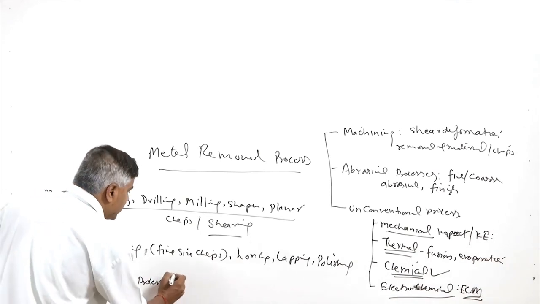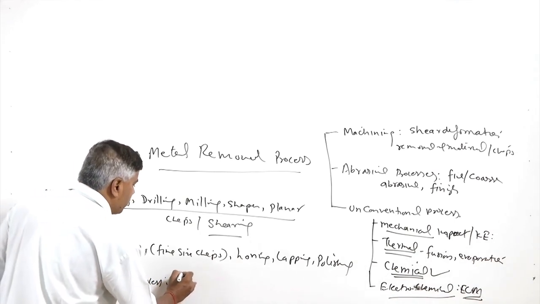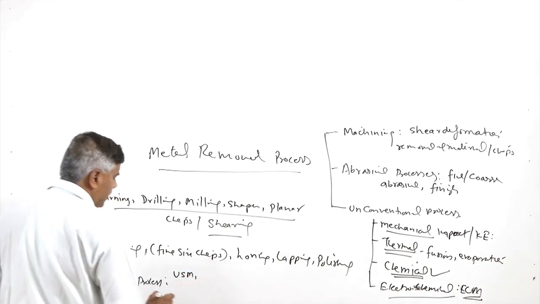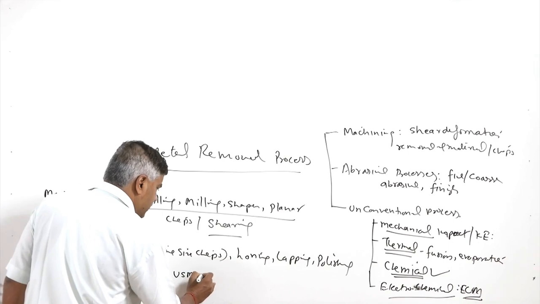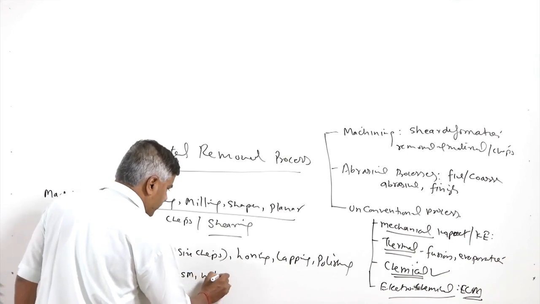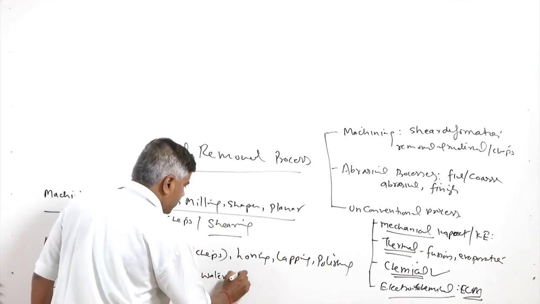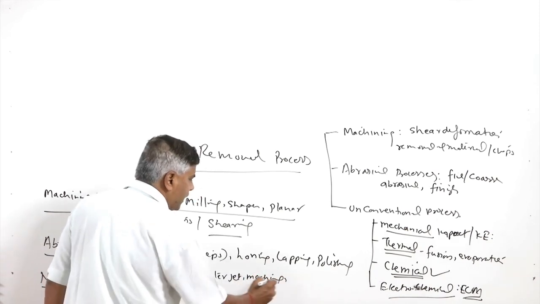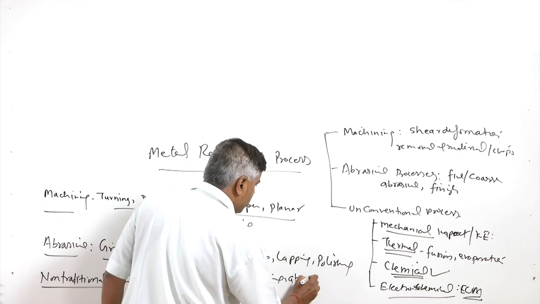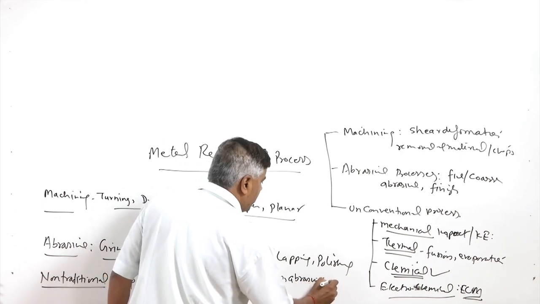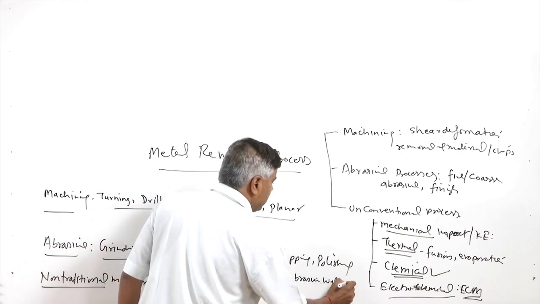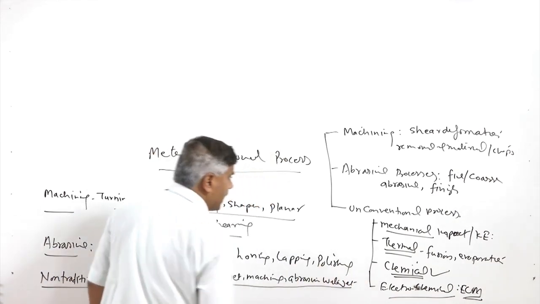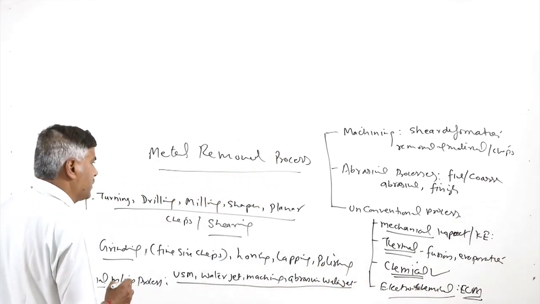Under this, the commonly known processes are ultrasonic machining, then water jet machining, then abrasive water jet machining. All these processes are mechanical energy based processes.